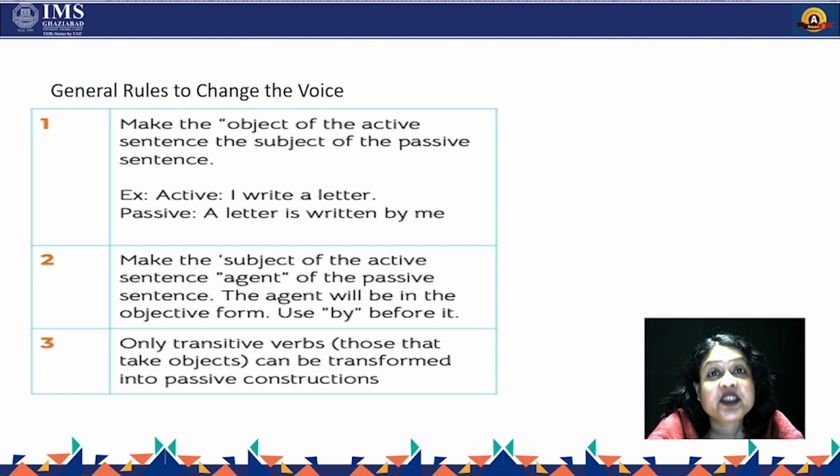Next, the subject of the active sentence becomes an agent, and we use by before it. Also, it must be remembered that only transitive verbs can be transformed into passive voice. We'll discuss this later in the next slides.